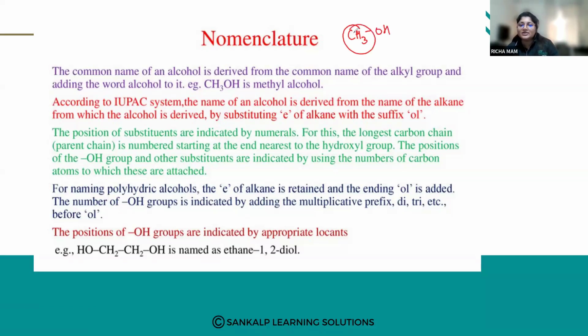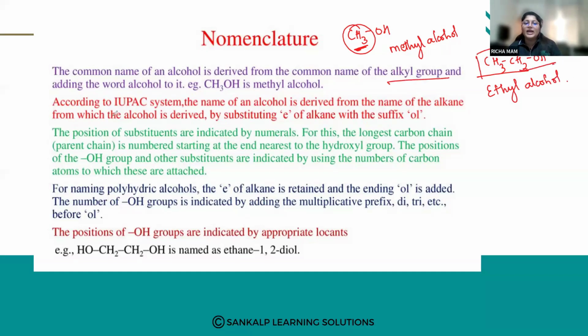This group is a methyl, so first I name the alkyl, methyl, and then write the word alcohol: methyl alcohol. Similarly, CH3CH2OH has two carbons, so it is ethyl, and with OH it is ethyl alcohol. So for the common name, first we give the alkyl group and then add the word alcohol.